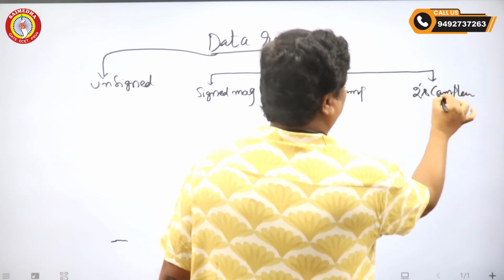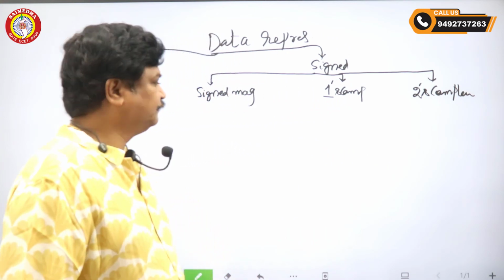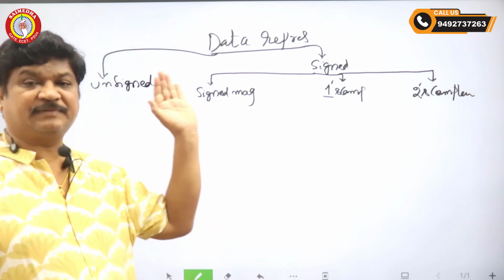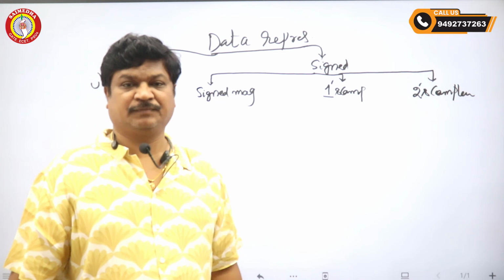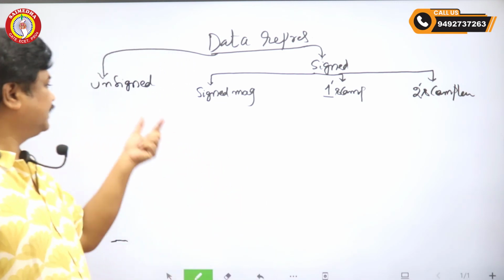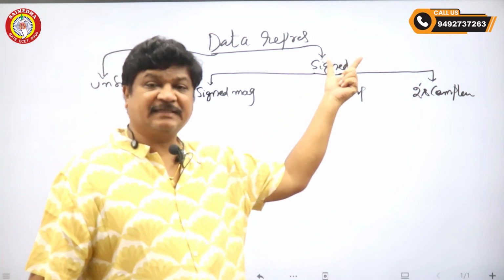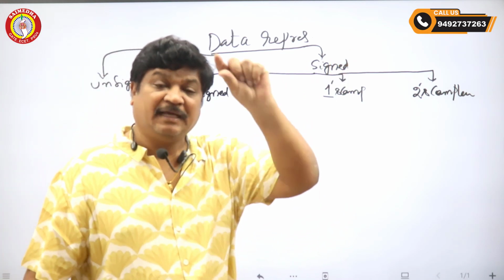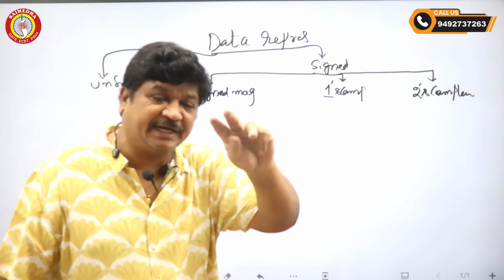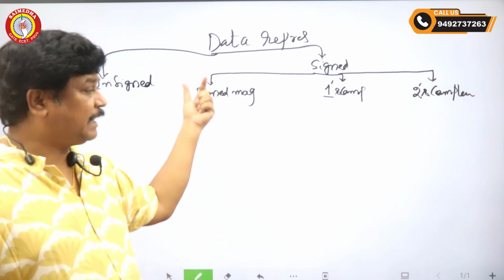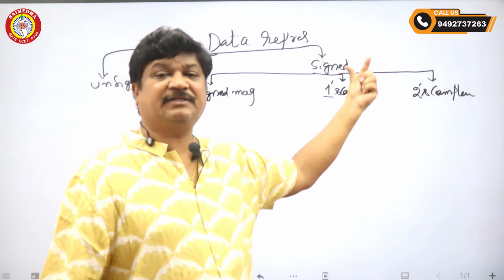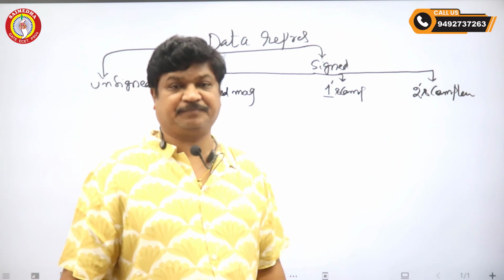So these are the types of data representations. The first category is unsigned magnitude, the second one is signed representation. In the signed representation, again 3 types: signed magnitude, one's complement, two's complement representation.